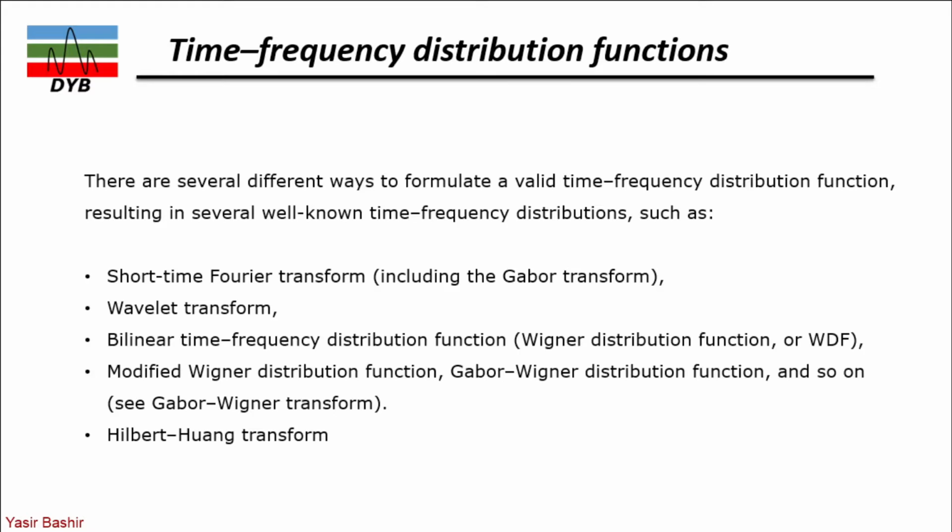Sometimes we have the wavelet transform, the bilinear time frequency distribution, also called the Wigner distribution function, some modified Wigner distribution functions, and also the Hilbert-Huang transform. Today the focus will remain on the Hilbert transform, and we are going to discuss it in detail.